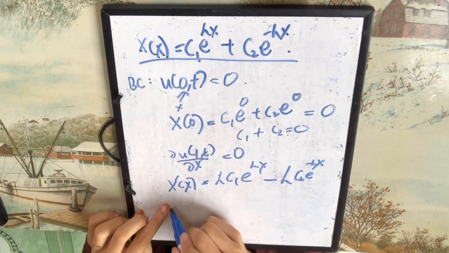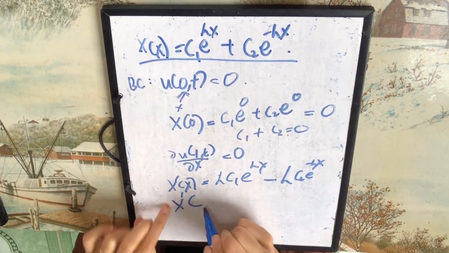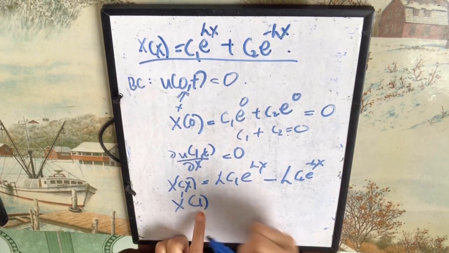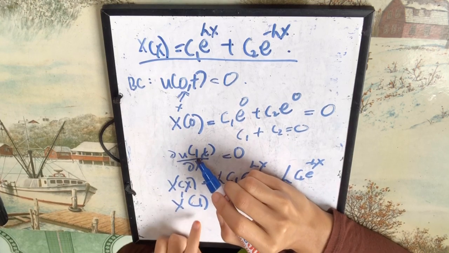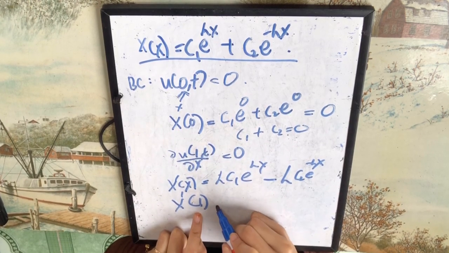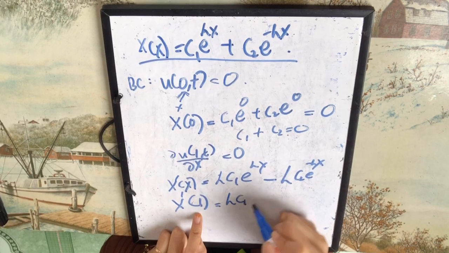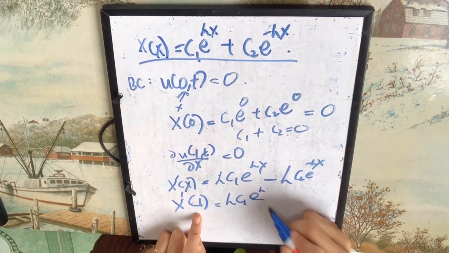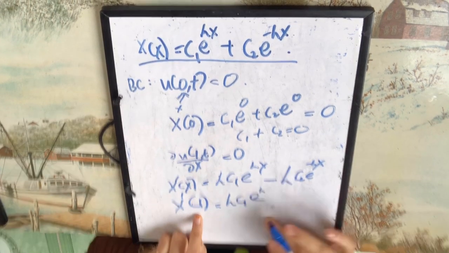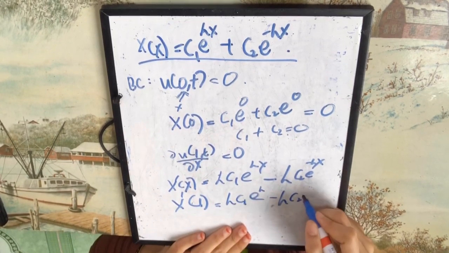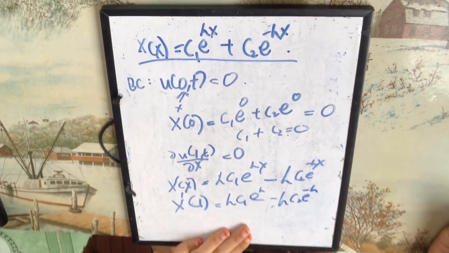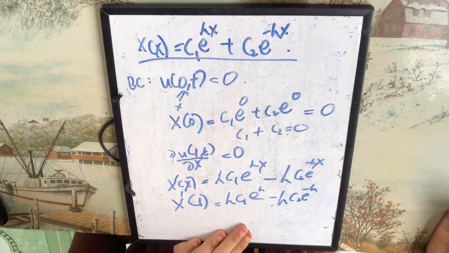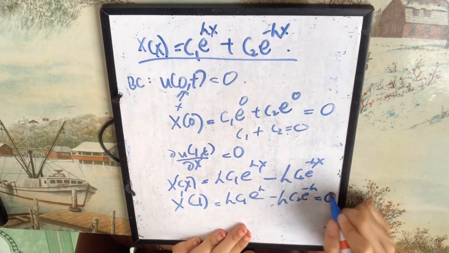Then you can substitute value 1 into x. So you have lambda C1 e lambda minus lambda C2 e negative lambda, and this equation also will equal to 0.